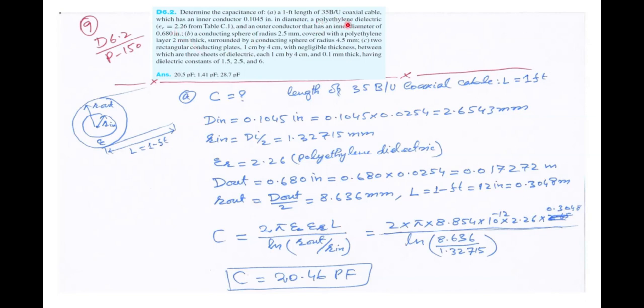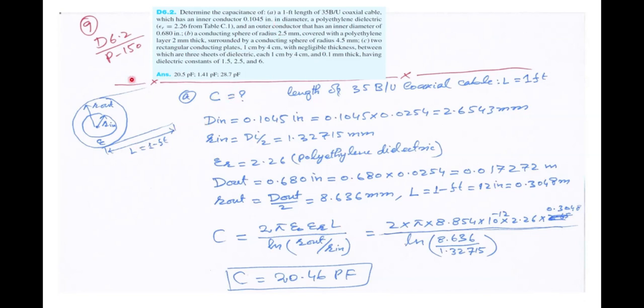The relative permittivity of polyethylene dielectric material is 2.26, and an outer conductor that has an inner diameter of 0.680 inches. So first we have to convert inches into meter.